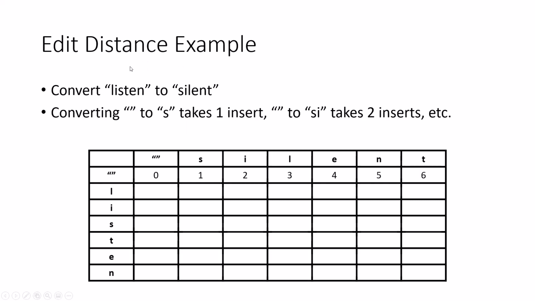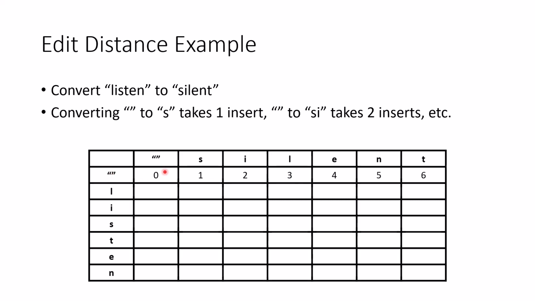Okay, so let's initialize our table to our base cases, as we always do. The first base case is converting from nothing to any of these substrings, so nothing to s, nothing to si, nothing to sil. That's just going to correspond to a bunch of insert operations.